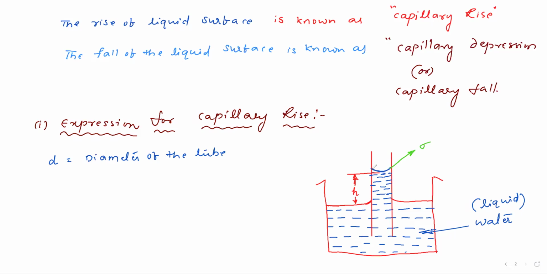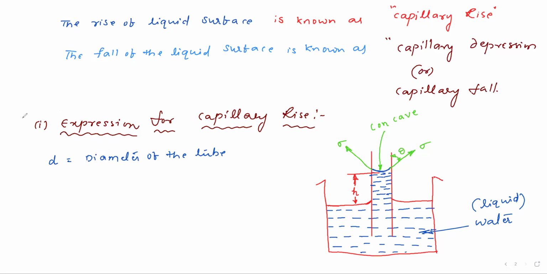I'm projecting both the sides here, right? Sigma. And here, as was clearly mentioned, this is called concave, right? And look at, this is called the vertical tube, right? And with respect to the surface tension, this angle is equal to theta, right?